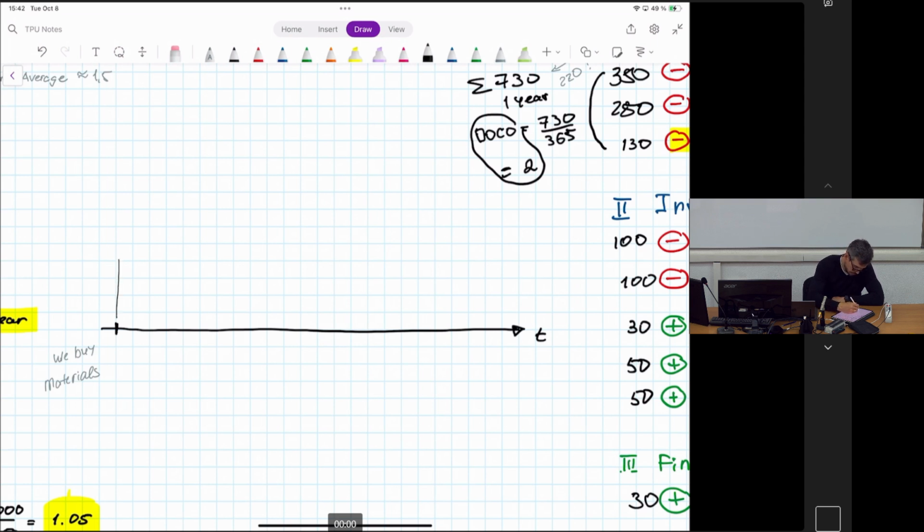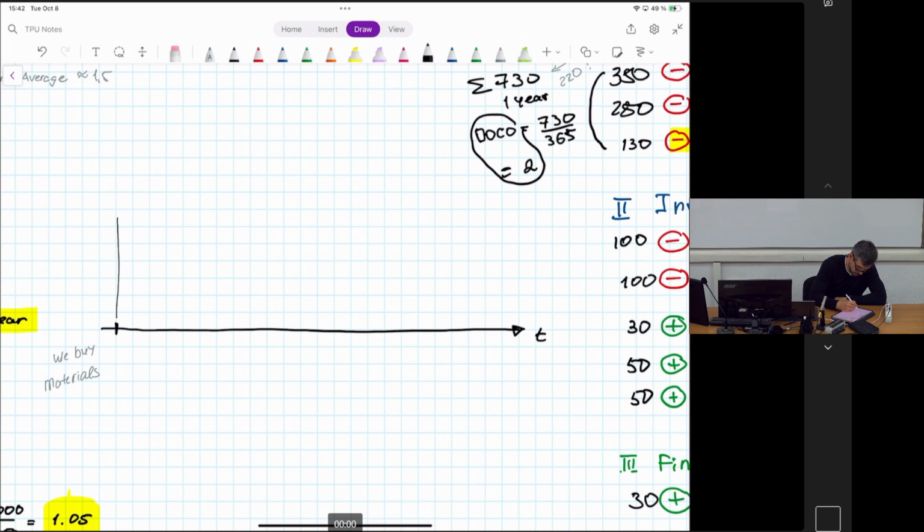So this moment in time begins the process of converting raw materials into work in progress when we send them to production. When after production they become finished goods, and then we sell them, and then we get money for it. So this is the moment when we buy materials.